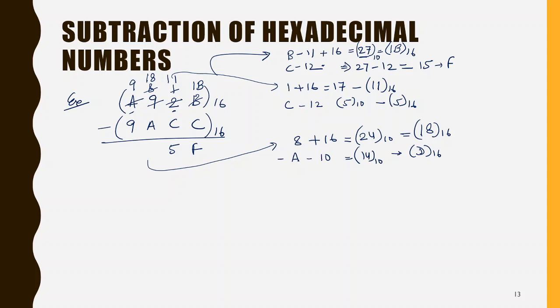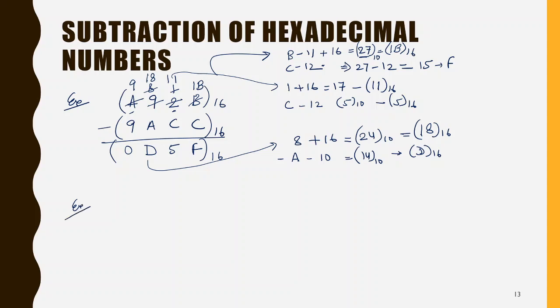So the result will be D. Okay, so 18 minus A is D, right? Now see this, 9 minus 9 is 0. So D5F is the hexadecimal result.